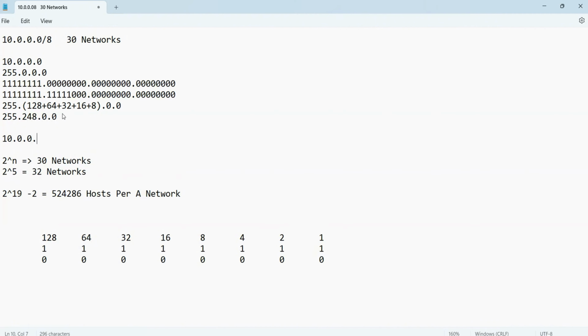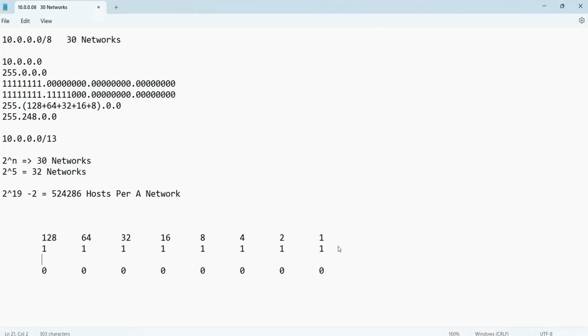It's a 10.0.0.0, slash, how many bits? 8 and 5 is 13. So now it's a slash 13, because I borrowed 5 bits. This is actually perfect.